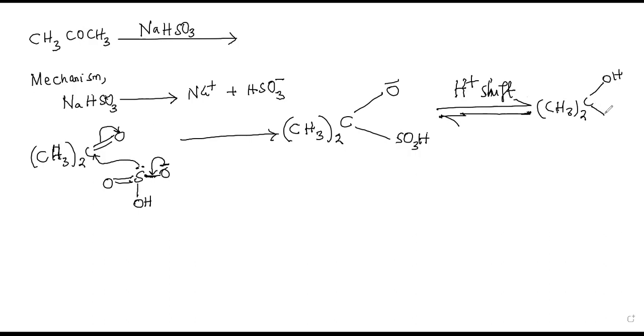And this one will keep SO3 minus, because hydrogen shifted from this side. So we shall have SO3 minus. Then we add sodium. And we shall form CH3 2 times, then C, then SO3 Na, because you have added sodium, then OH.